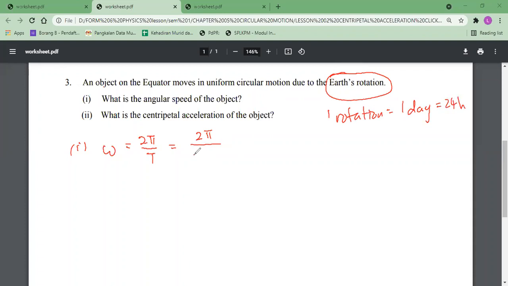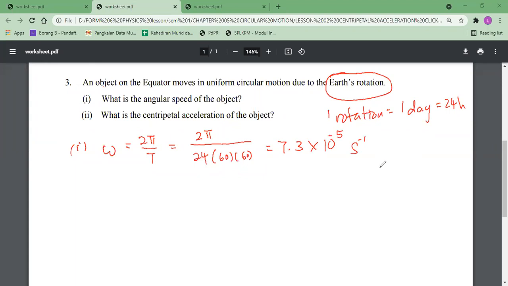So the period is 24 hours. We convert to seconds: 1 hour is 60 minutes, each minute is 60 seconds. We get 7.3 times 10 to the power negative 5. The answer, no need to write the radian, so the angular speed is in s negative 1.